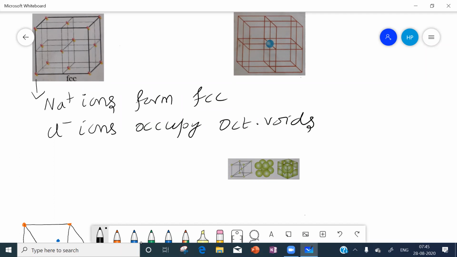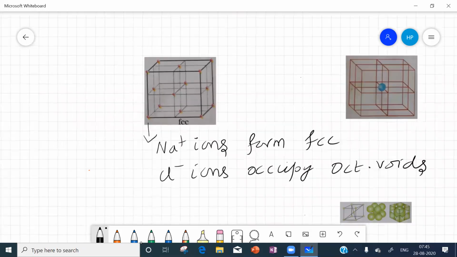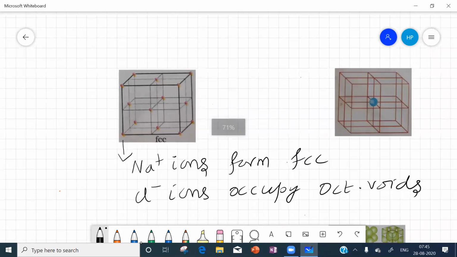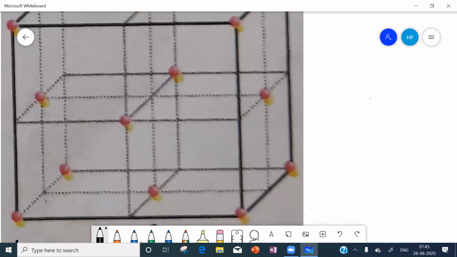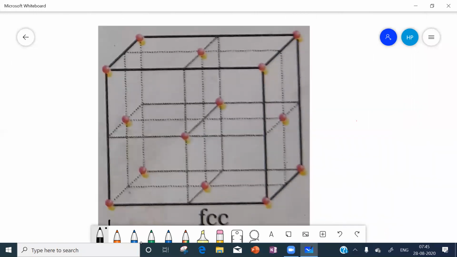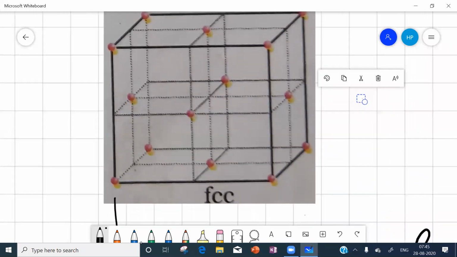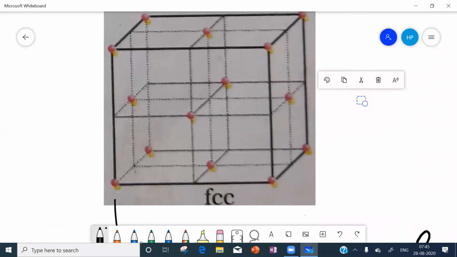Is it correct? Can we reverse it or not? We will check whether this is correct.